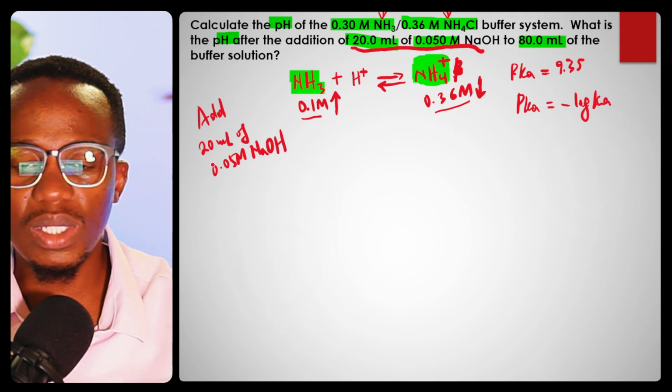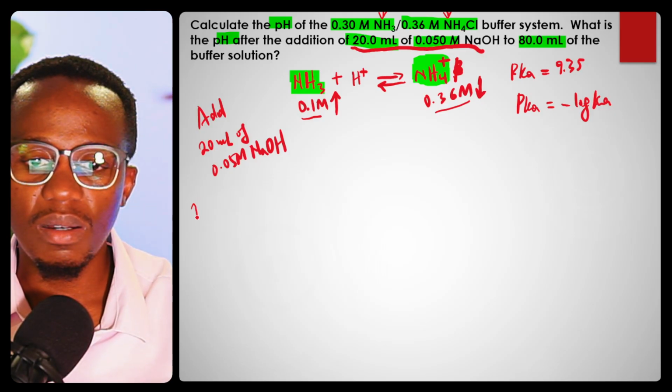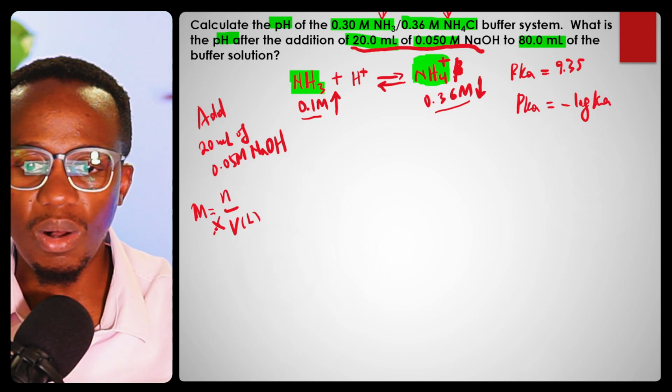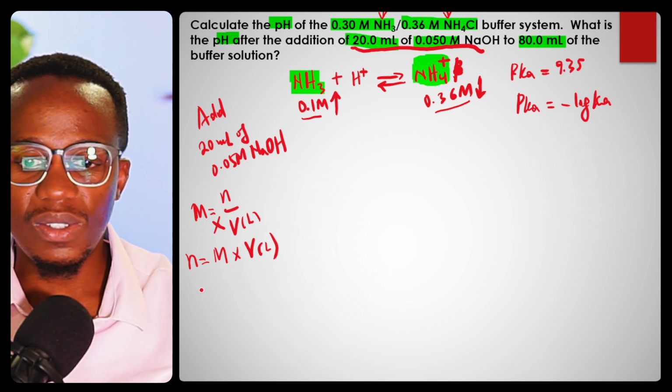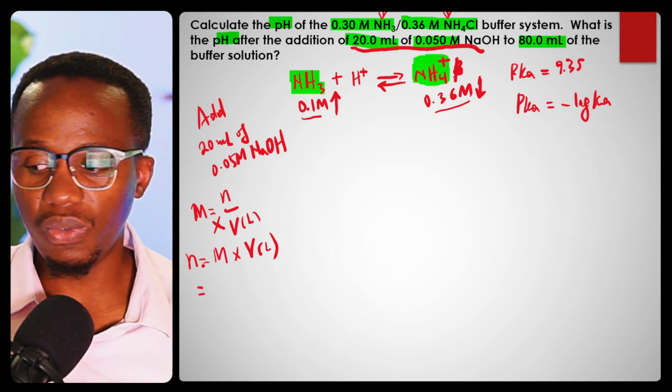How many moles is that? If you remember your formulas correctly, molarity is equal to moles over volume in liters, right? So the moles, n, is equal to molarity times volume in liters. All right, so it's going to be equal to, what's our molarity? 0.05 times volume in liters.